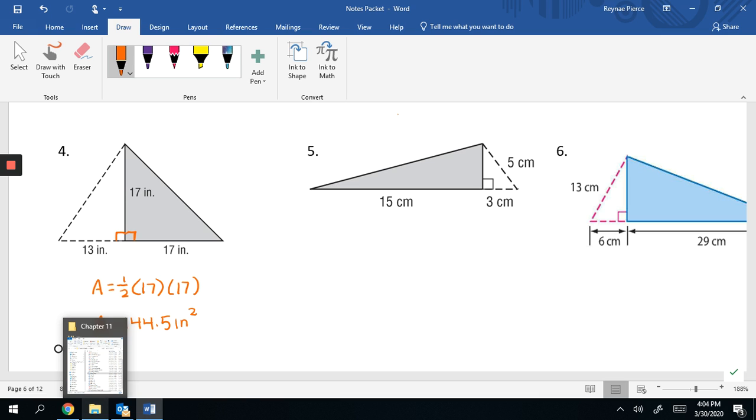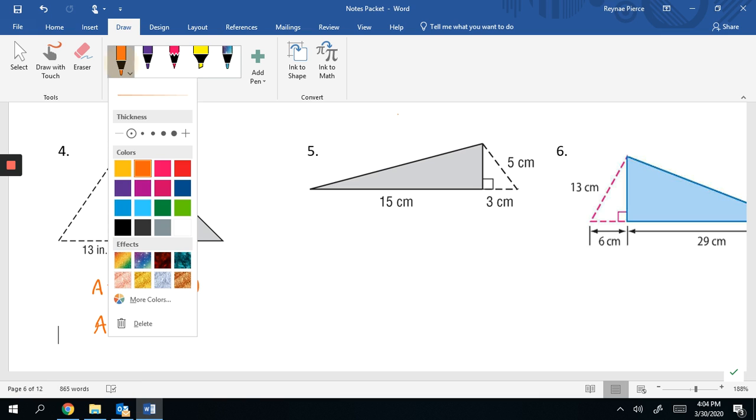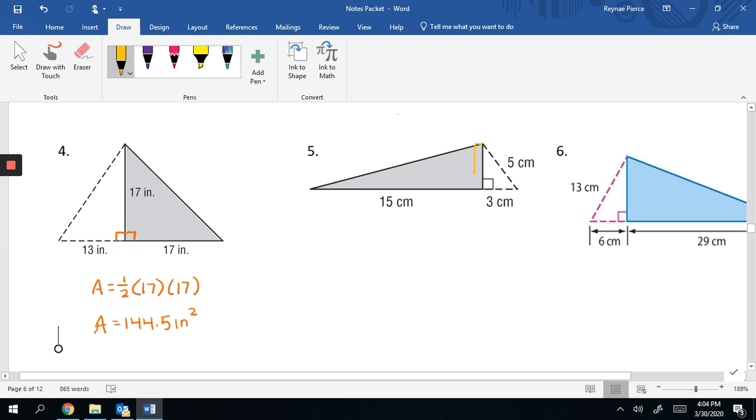Example 5 and 6, there's a little bit of work we have to do first. All right. Because again, we don't have this height here. Okay, but if I look at this right triangle, when I know 2 of the sides, I can use the Pythagorean theorem.